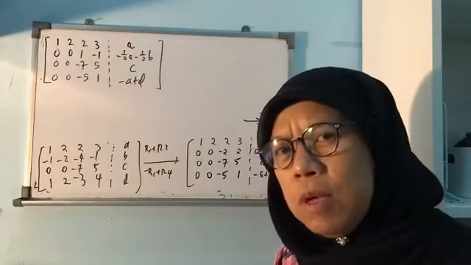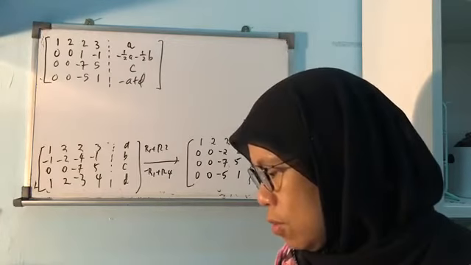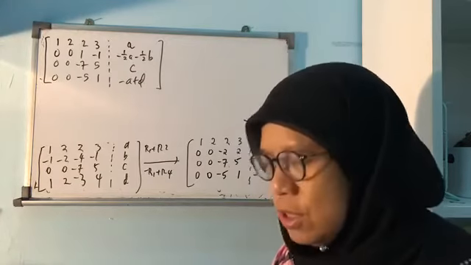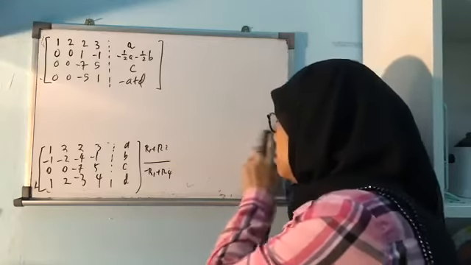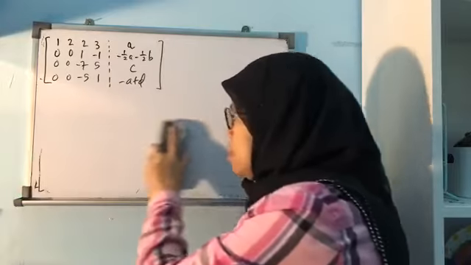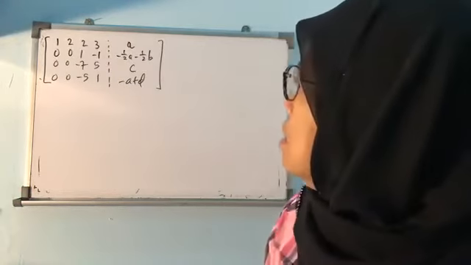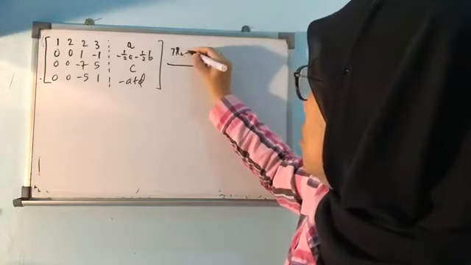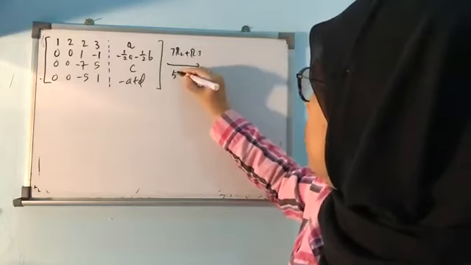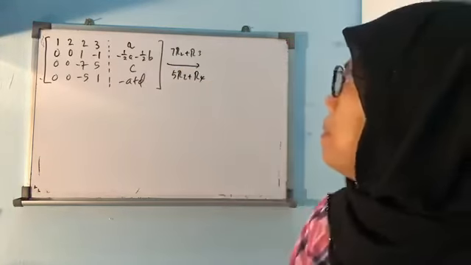You realize that we have been doing row operations for the whole lesson, almost, except for question number 1. Do you see what's important? Okay, one more. 7 row 2 plus row 3, 5 row 2 plus row 4.